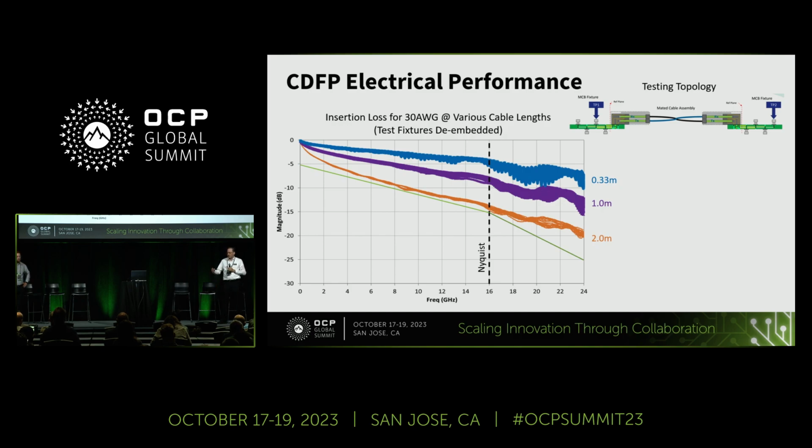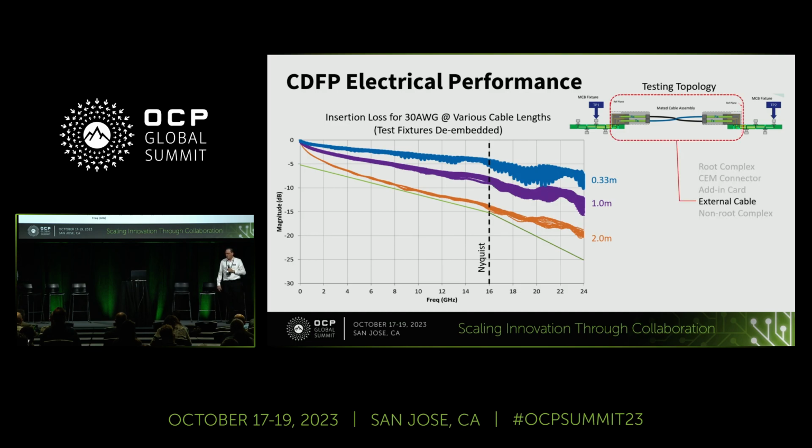So again, it's really just the cable and connectors. We're showing a 30 gauge cable, at 1 and 2 meters, and the 2 meter is just above the limit line. I think there has been some perception out there that the max you could do is 1 meter. That's simply not true. We can definitely get to 2 meters within the realm of the PCIe specification.